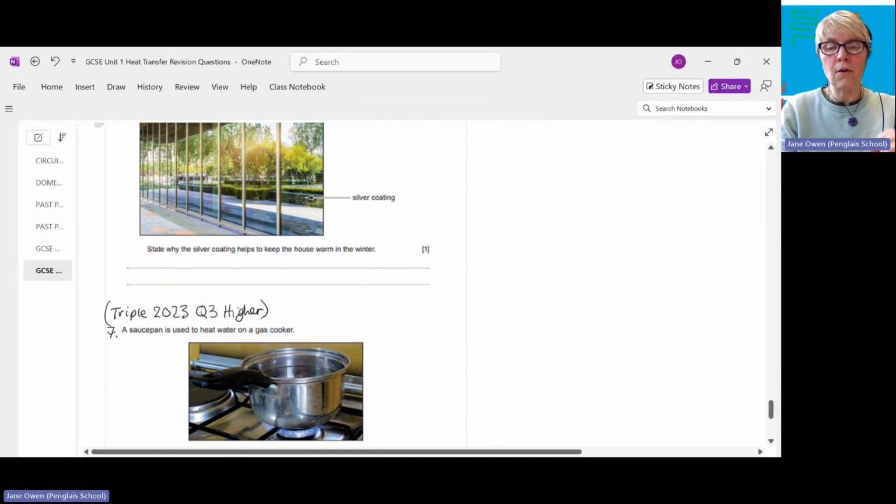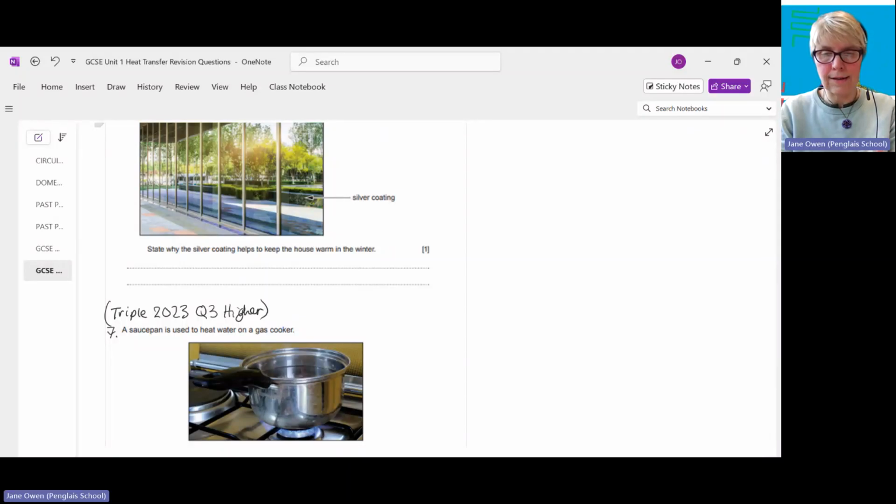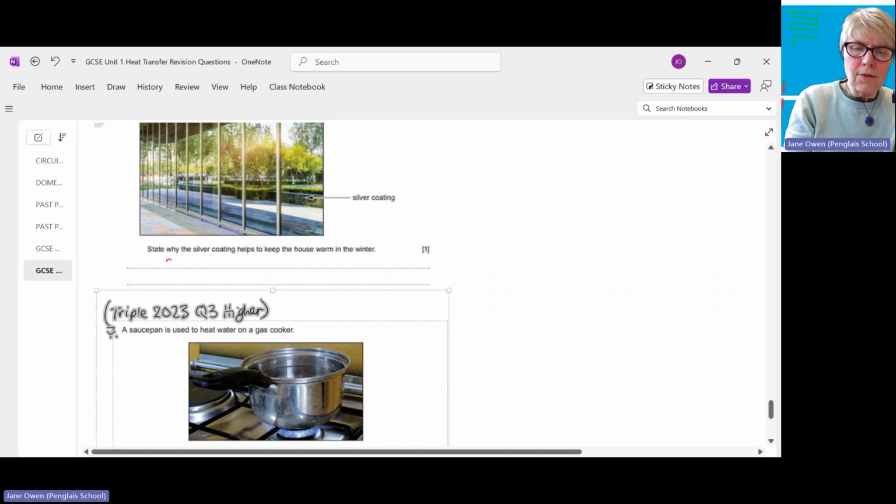You know that the silver surface is a good reflector of heat, but we say it's a poor emitter out. You know that black surfaces are better at emitting heat energy out, radiated heat out. So we say that silver surfaces are poor emitters.